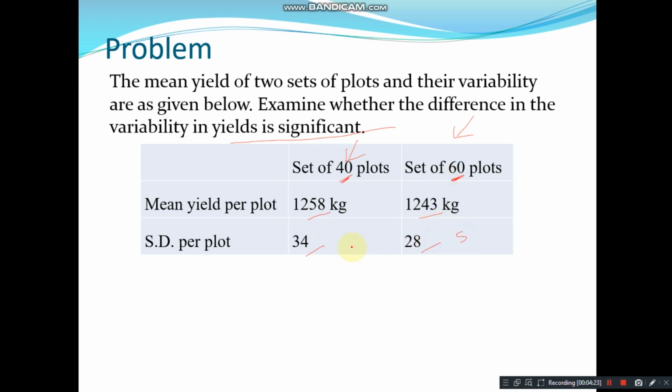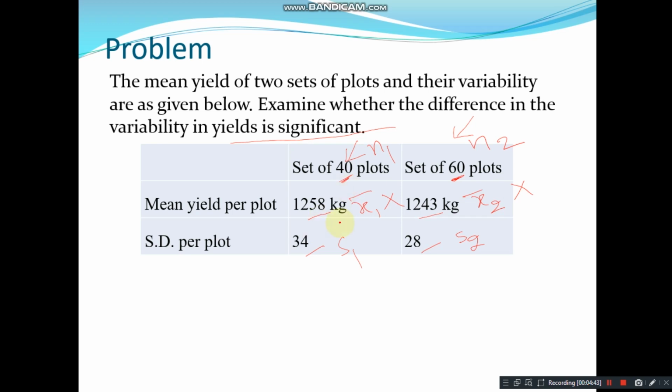These are S1 and S2, X1 bar and X2 bar, N1 and N2. I think the means are not required, maybe given extra; if it is necessary we can use them, otherwise no need.